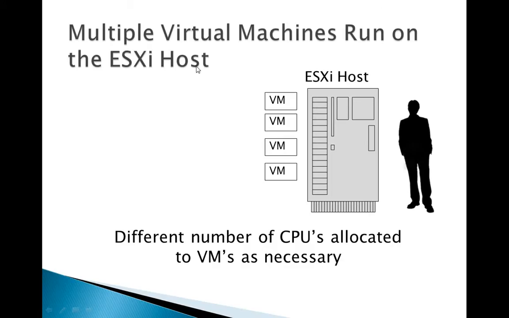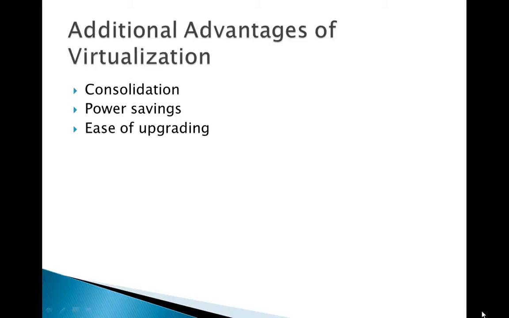But in a virtual network infrastructure, we have multiple virtual machines running on one big old ESXi host, and different numbers of CPUs are allocated to each virtual machine as necessary.